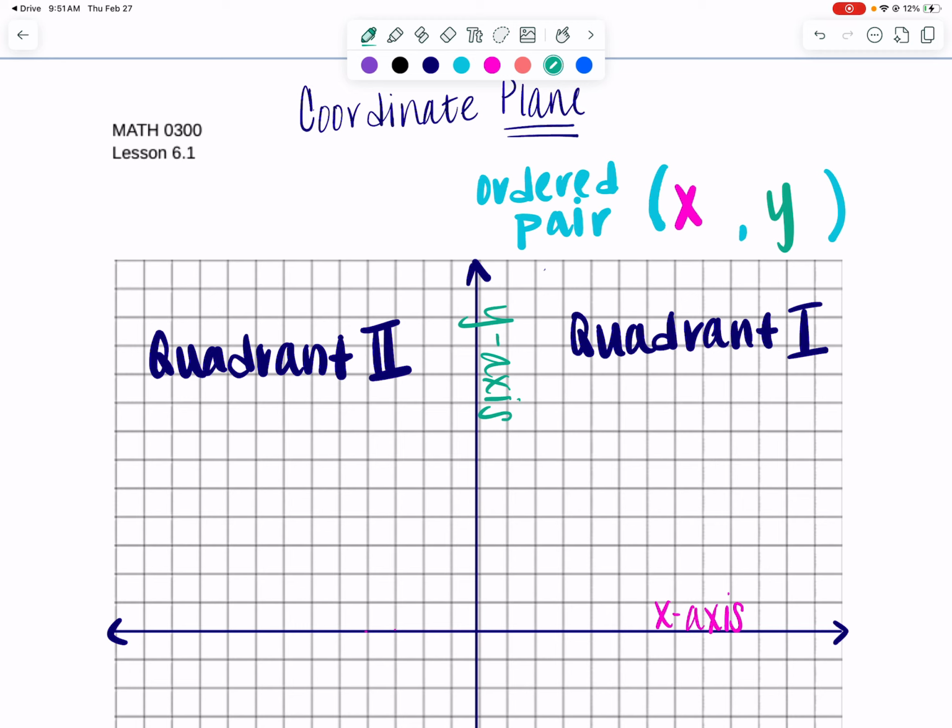The x coordinate tells us where to go on the x-axis and which direction.